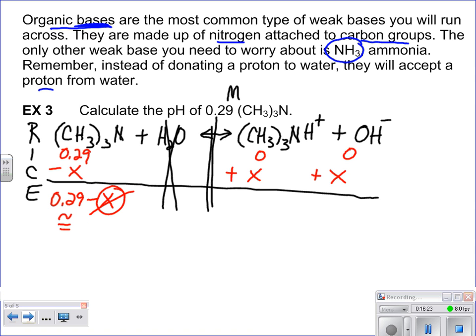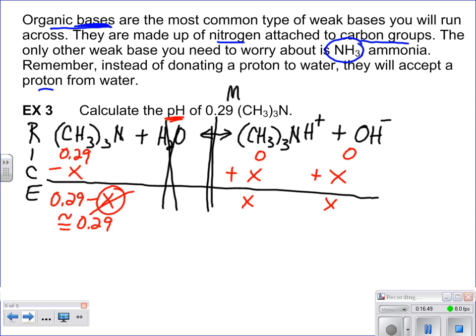It's pretty much going to be equal to 0.29, whereas these are going to be equal to x. So now we're going to calculate the pH, which means we've got to eventually figure out either the hydrogen ion concentration or the hydroxide ion concentration to get to pH. So I'm working with a base right now.